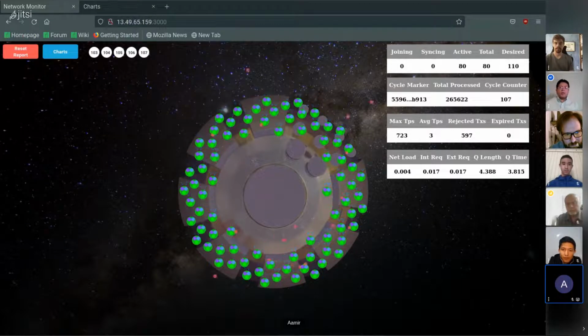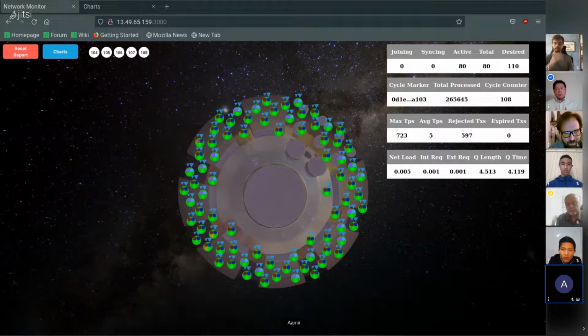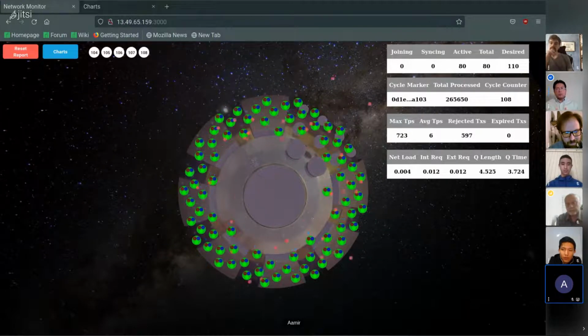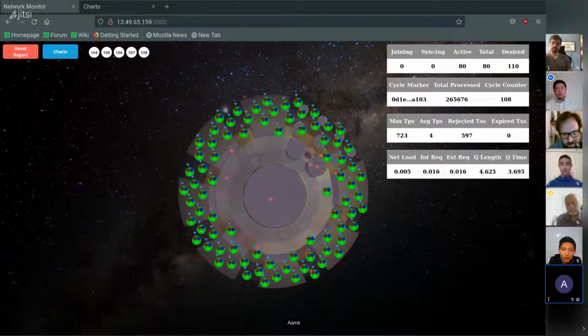So what happens in a sharded network is that when there's a lot of nodes, each node has to hold less state data. But then as nodes are removed from the network, each node is responsible for more and more state data.